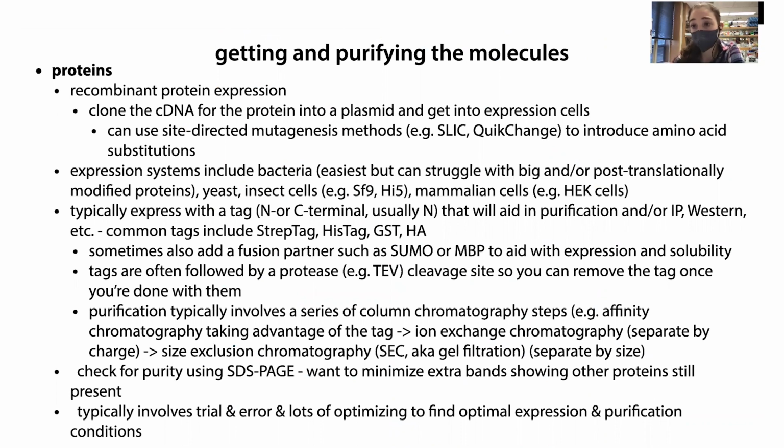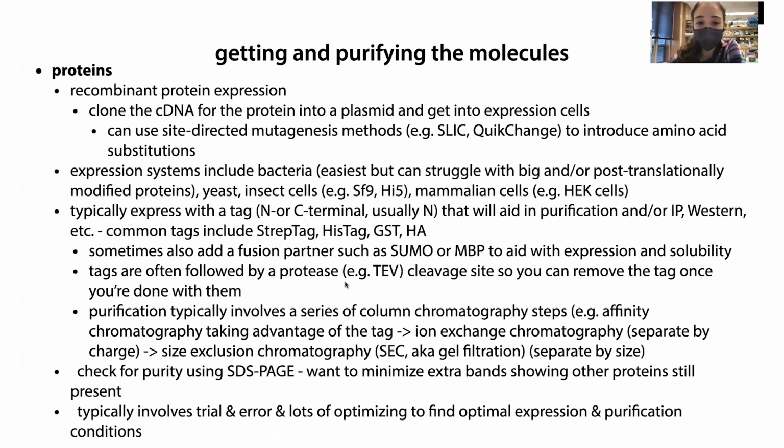We need to get these proteins pure because we're expressing them in cells, and it's a lot harder to purify a protein than it is to purify nucleic acids, because we need to be a lot pickier. Different proteins have different properties, so we have to really optimize to get the protein that we want and not the proteins that we don't want.